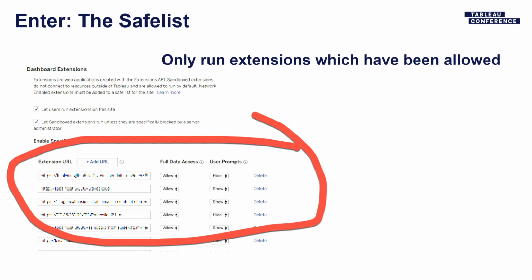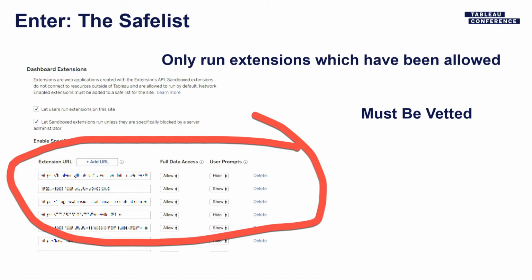But in server, this is our first line of defense. It's very useful when you have network connectivity requirements for your extensions. If you're using an extension that absolutely needs to talk to an external server, you would want to use the safe list to ensure that only that extension gets access in your dashboards.